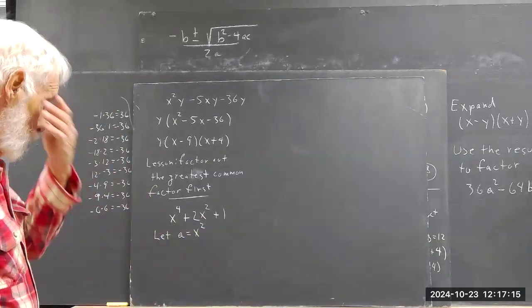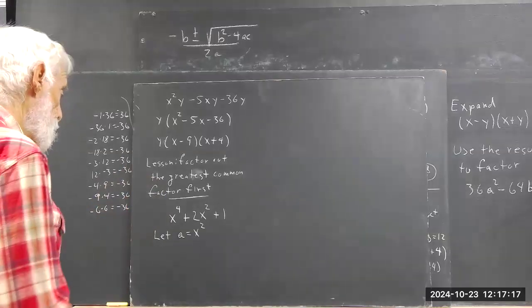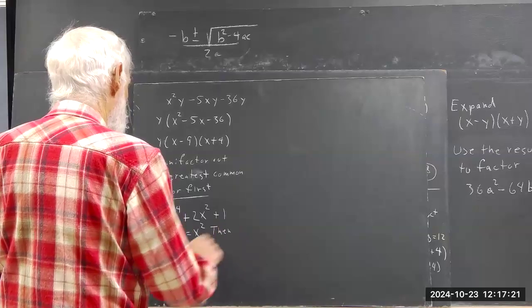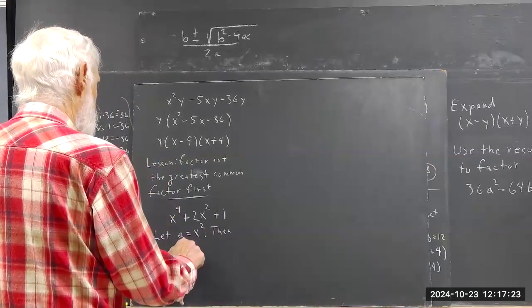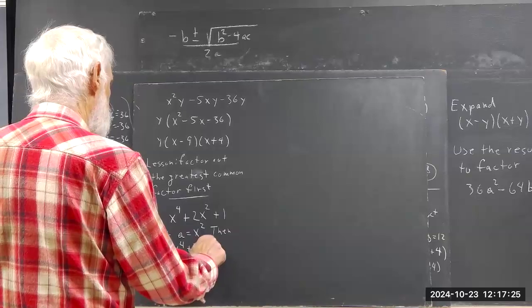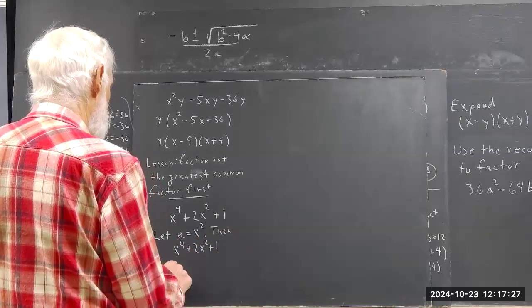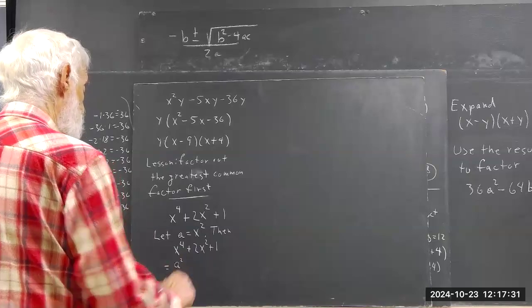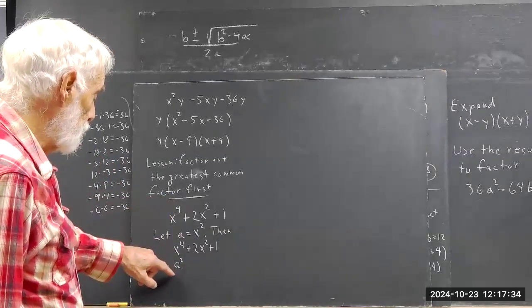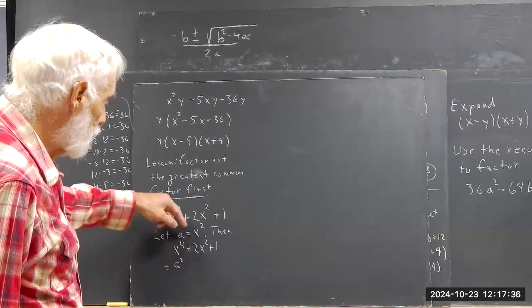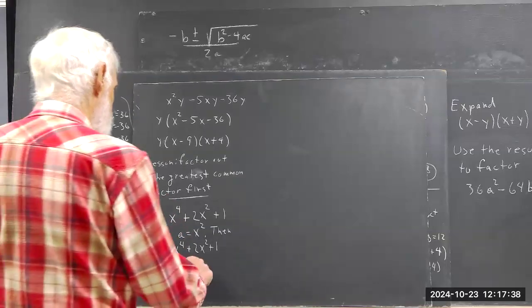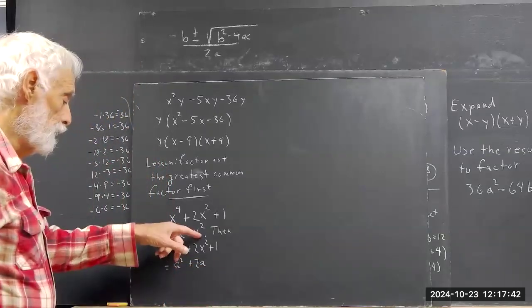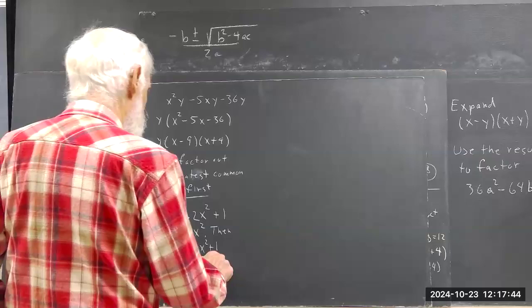So let a equal x squared. Then x to the fourth plus 2x squared plus 1 would be equal to a squared plus 2a plus 1, because of course a is x squared, and you square it, you're going to get x to the fourth, and x squared is just a, so 2x squared becomes 2a.